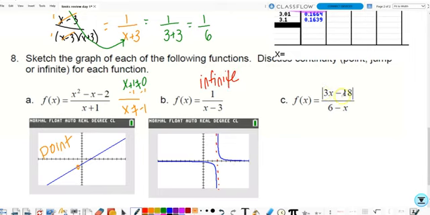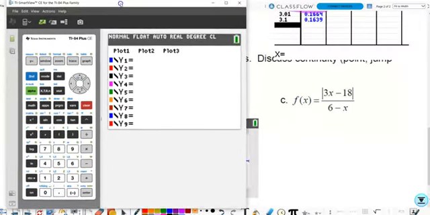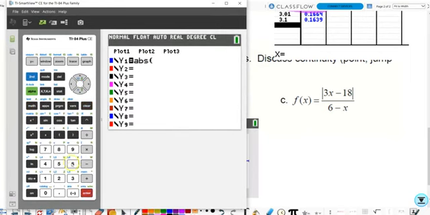See, we've seen a bunch of these absolute value graphs already. Let's type it in just to be clear on what it looks like. Just by looking at this equation, I know x can't be 6.